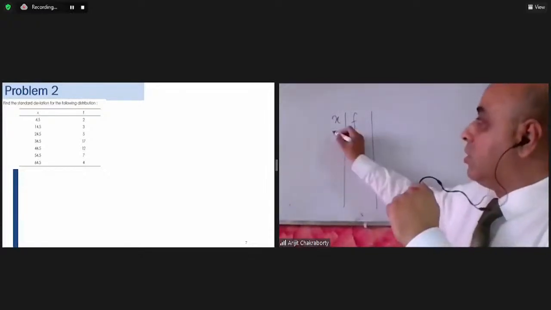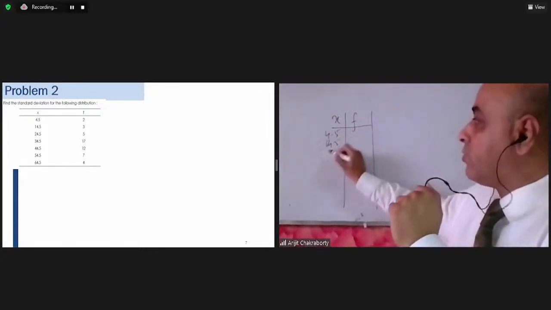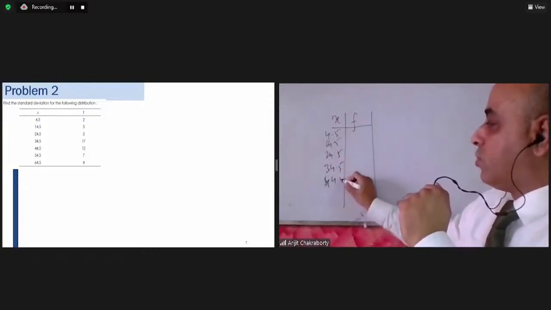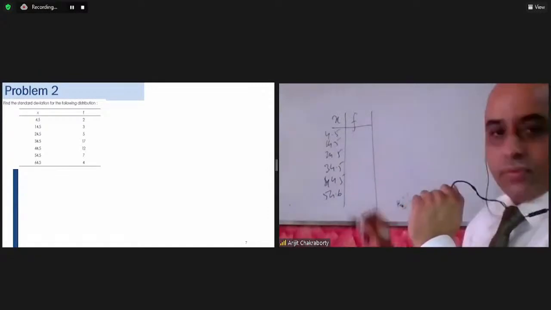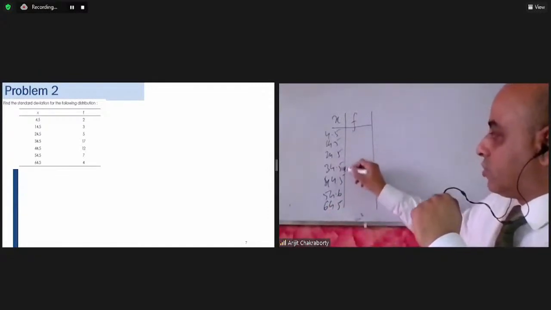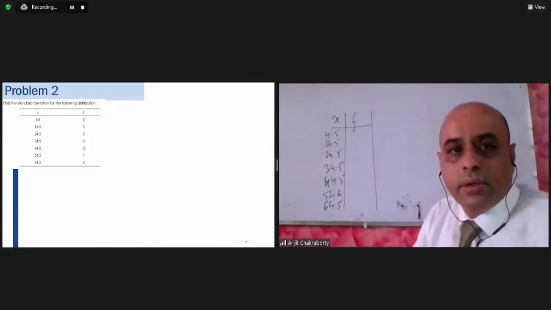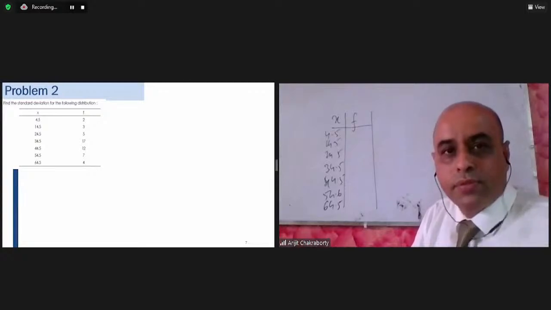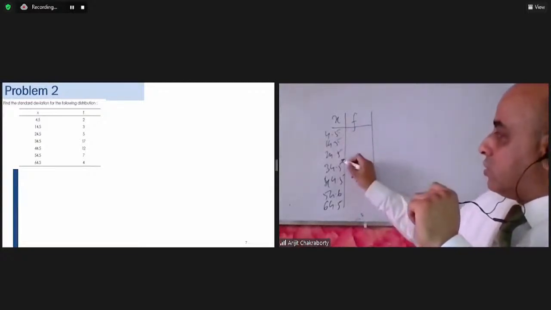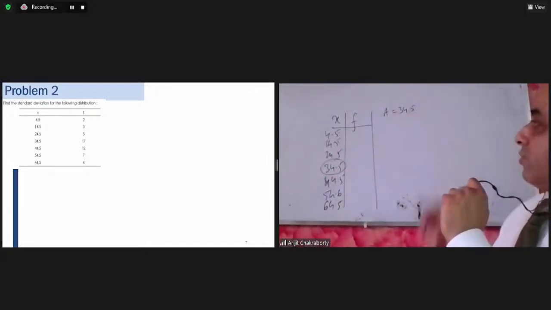So we are doing a longer problem now: 4.5, 14.5, 24.5, 34.5, 44.5, 54.5, and 64.5. So we have 7 observations. So we will take the middlemost observation as the assumed mean, 34.5. So assumed mean equal to 34.5.